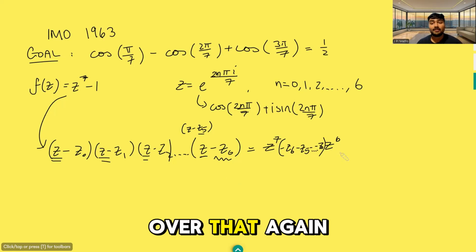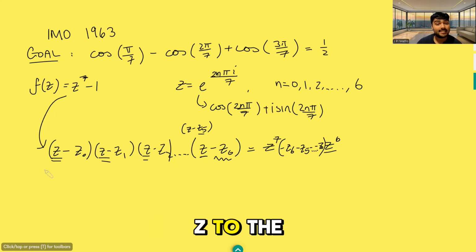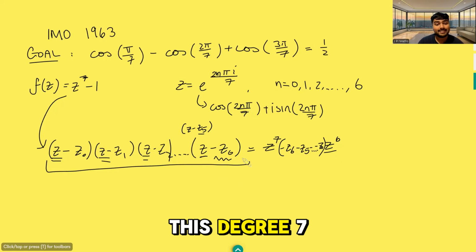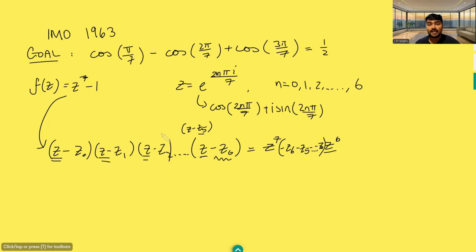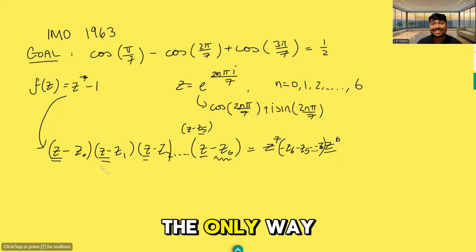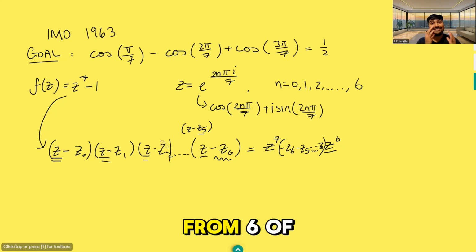Just to go over that again, I'm looking at the coefficient of z to the 6 when I expand this degree 7 polynomial. The only way to get z to the 6 is from 6 of the 7 brackets, choosing the z term, and from the remaining bracket, I have to choose the z6 or the z5 or whatever it is.